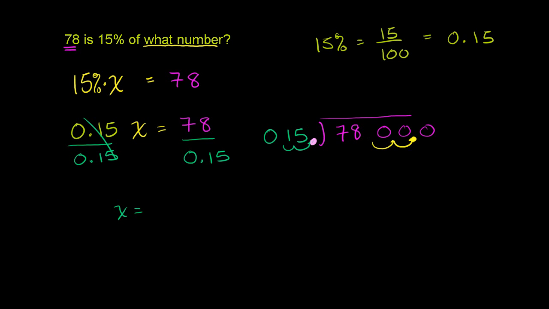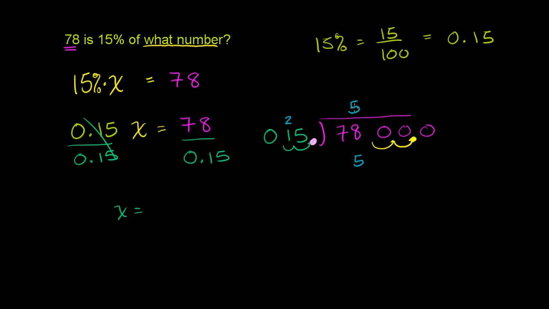So let's figure out what this is. 15 does not go into 7. So then how many times does 15 go into 78? 15 goes into 78 about 5 times. 15 times 5 is 75. That looks about right. So we say 5 times. 5 times 5 is 25.